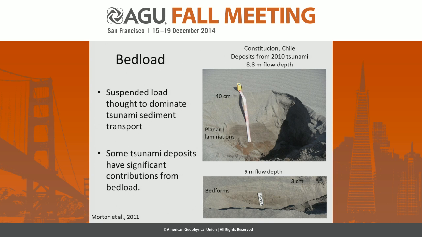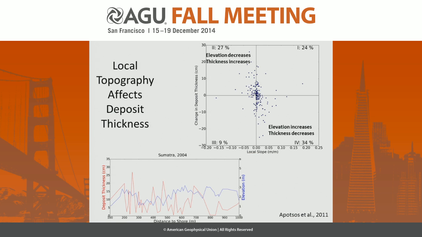And in these pictures, you can see planar laminations and bed forms, which are typical of deposition by bedload transport. And the thickest data points we have in our data set come from Constitución, Chile. And local topography can also affect deposit thickness.